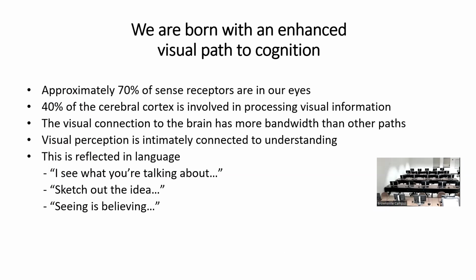So in other words, our eyes help us with understanding what we see, and that's exactly what we say. When I'm trying to say something and you say, yeah, I see, meaning I understand, right? So seeing basically helps us understand things. And that's the saying, seeing is believing, right?